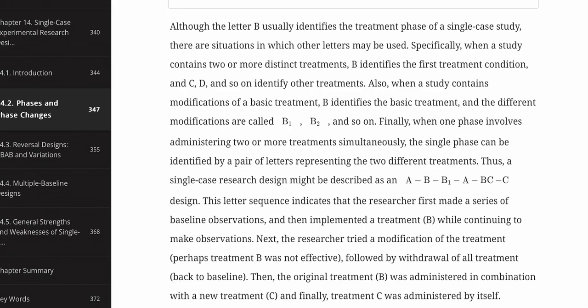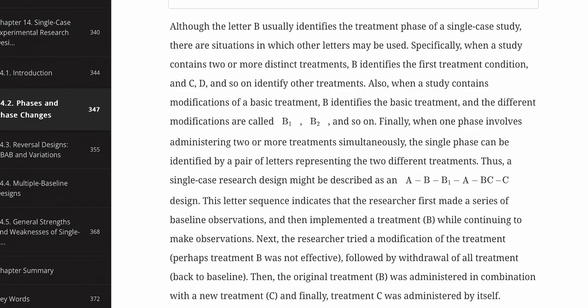They had a baseline, so it was A. Then they did a tootling program, and they observed the disruptive behavior in the child, so they had a B. And then they removed the tootling program, told the kids not to do that anymore, and so that was back to baseline, back to A. And then they did the tootling again one more time to establish that replication, and that was B. So that's an ABAB design.